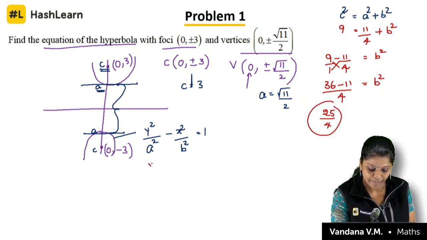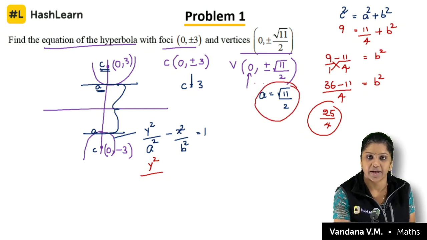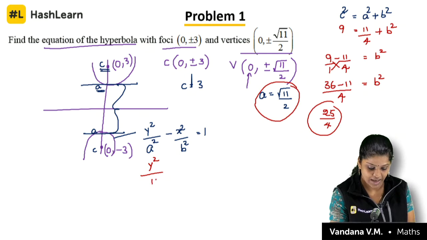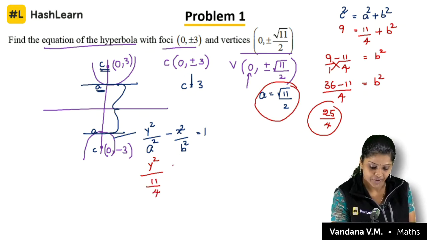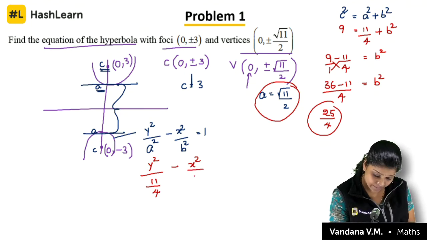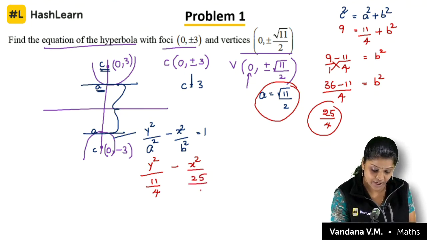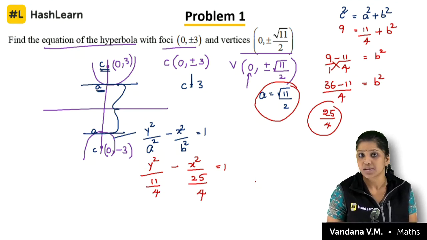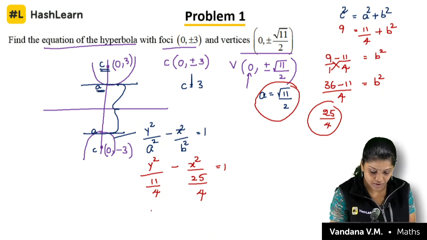Now it is so simple to write the equation: y square by a square. This is your a value. Write the a square value, that is 11 by 4, minus x square by b square. b square is 25 by 4 is equal to 1. This is your equation. So we can simplify this also. So how will you simplify this?